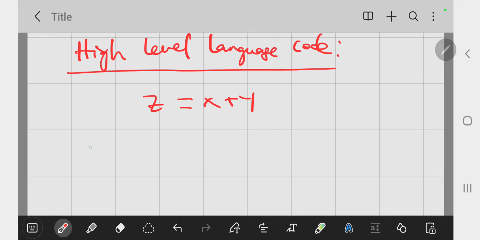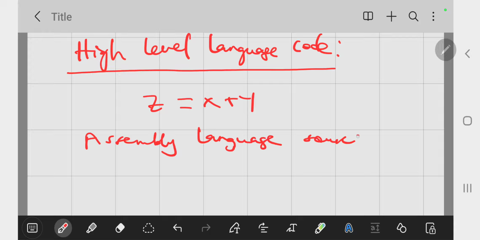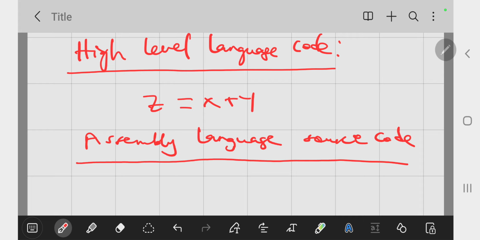But let's move on to look at how an assembly language source code would look. An assembly language source code is written in a low level language.